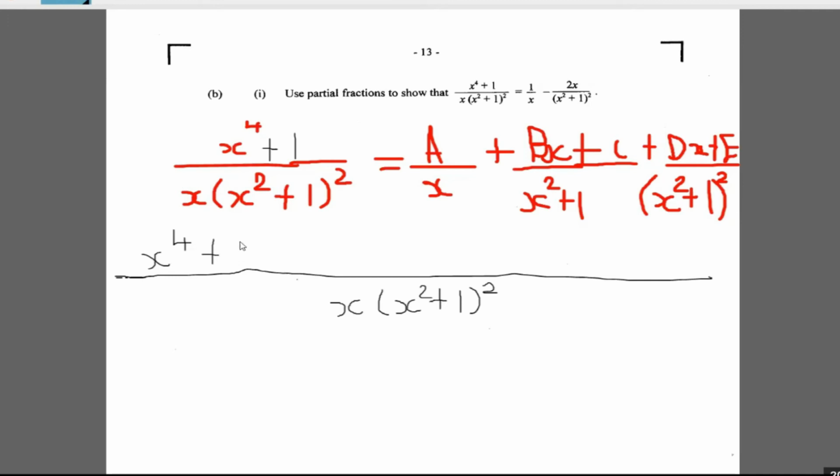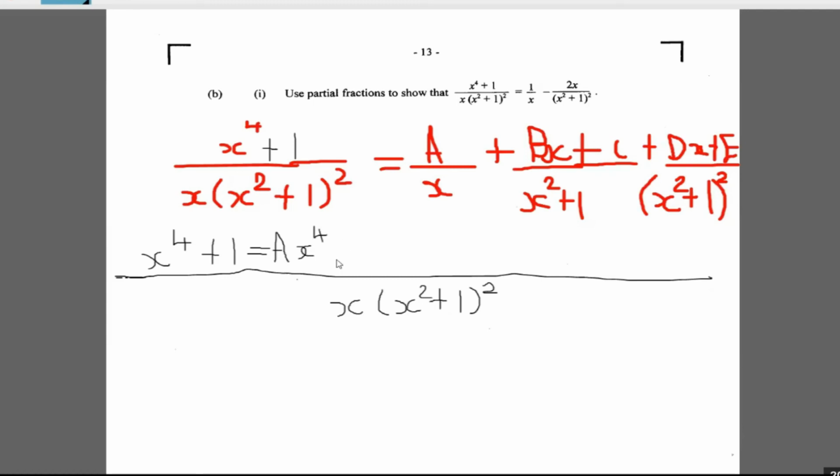Look carefully. This can be a little bit tricky. A lot of persons get confused. x into this is going to leave x squared plus 1 all square. So look what I'm going to write. This is now a. Now x squared plus 1 all square, I'm going to expand it out. x squared squared is x to the 4.